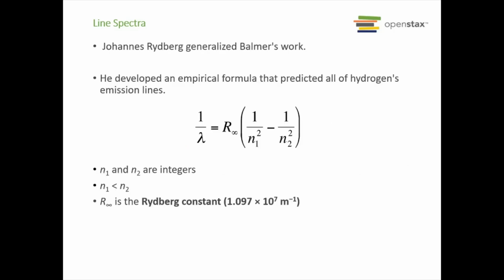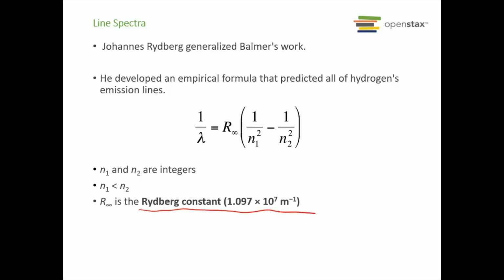And then Johannes Rydberg went and worked further on this, because there were those other lines in the UV and the IR, and he came up with a more generalized empirical formula that predicted every single one of hydrogen's emission lines, both the IR, the UV, and the visible, and that's 1 over lambda equals R infinity, which is called the Rydberg constant.